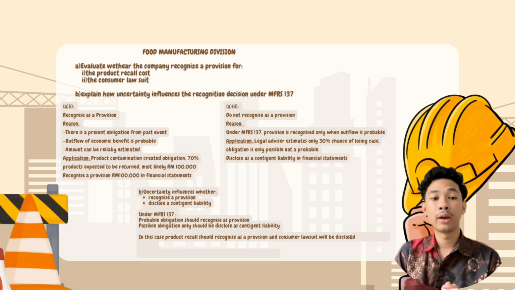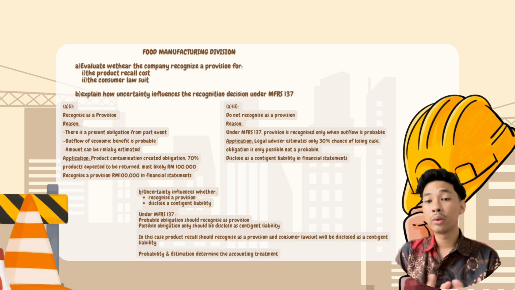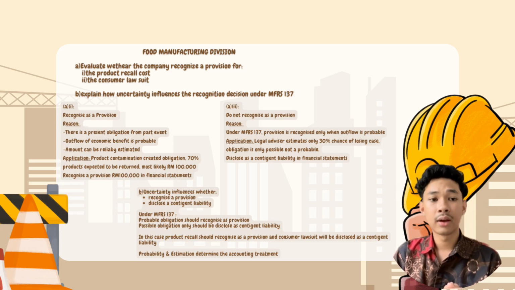Second, for the consumer lawsuit, the company should not recognize a provision. The legal advisor believes there is only a 30% chance that the company will lose the case. Since the outflow is not probable, it is treated as a contingent liability and only disclosed in the financial statements.